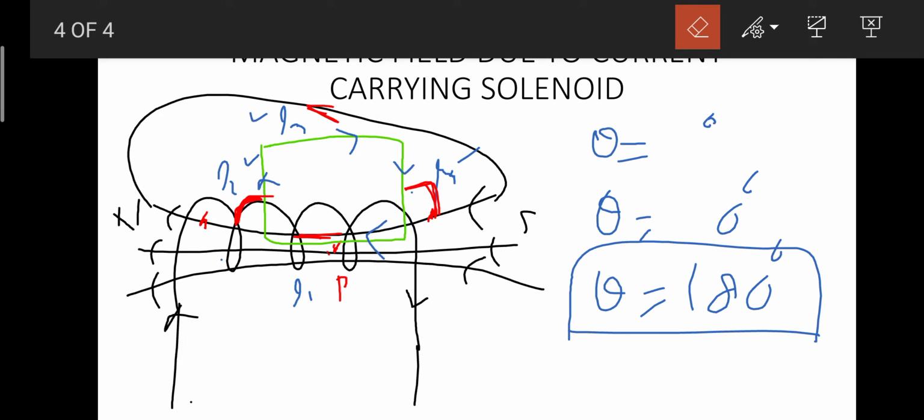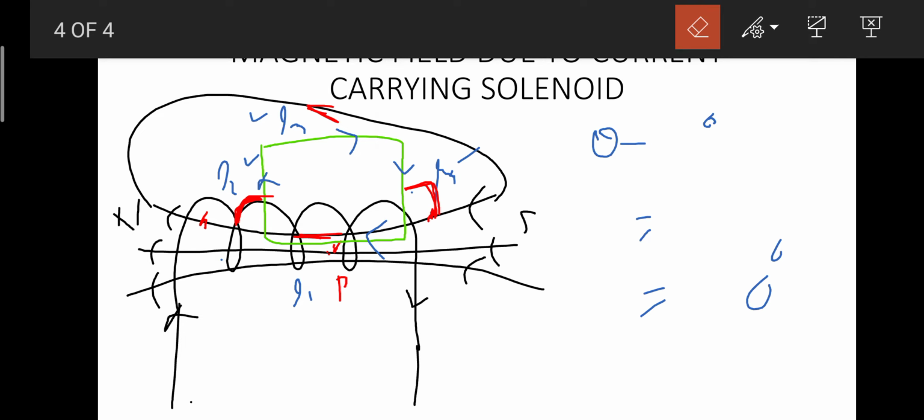I will calculate it by using Ampere's law formula, which is basically the summation of B dot dl, equal to mu naught I.